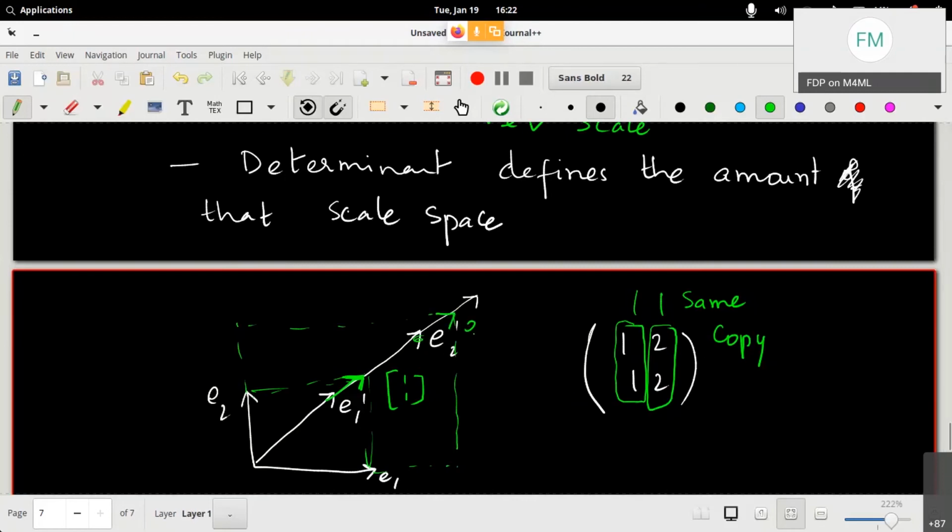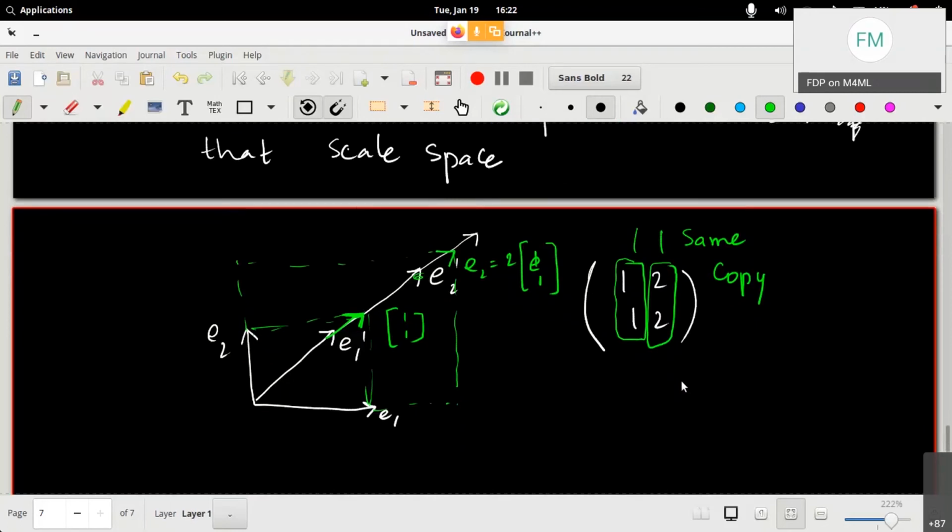So this is where you get E2, that is 2 times of 1 and 1. Correct? So this is where the linear dependency and independency have come into the picture. So you can arguably see that these two vectors are not the basis, and these two vectors have dependencies.